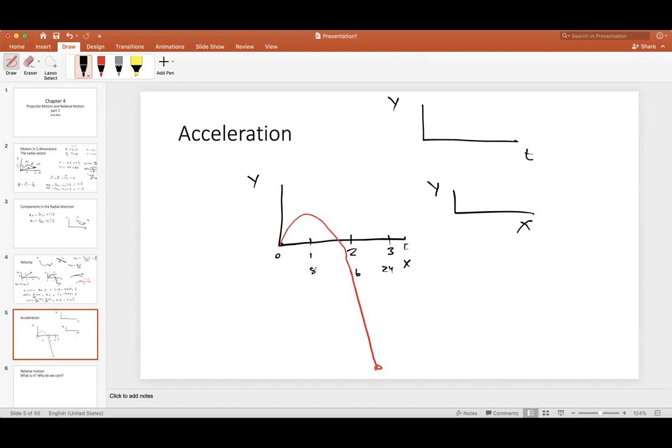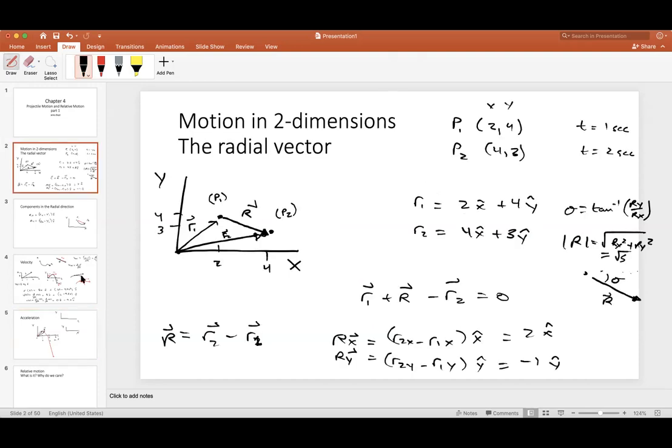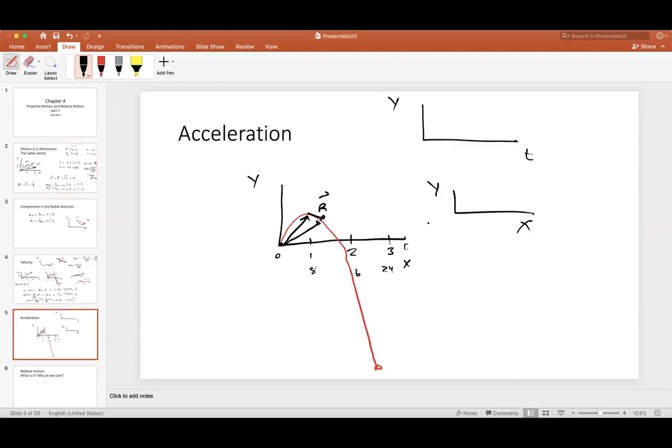So in a sense, what we're getting here is that the position function between any two points, we could find, like we found here, but we don't really need to.